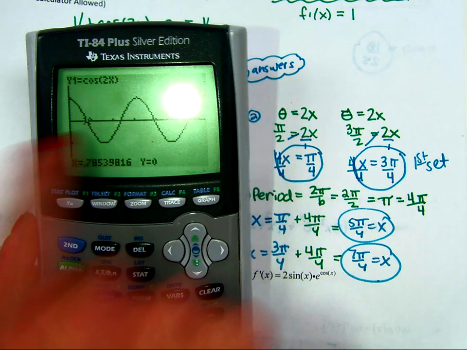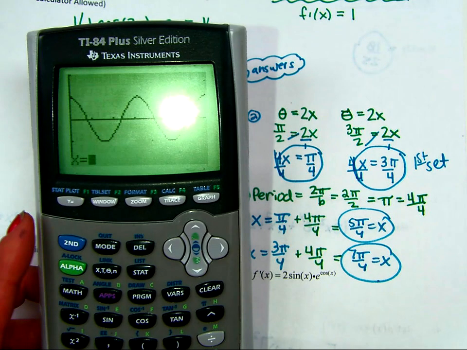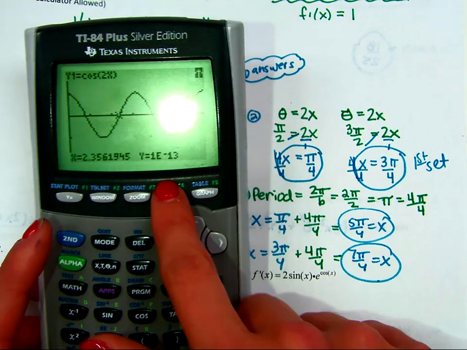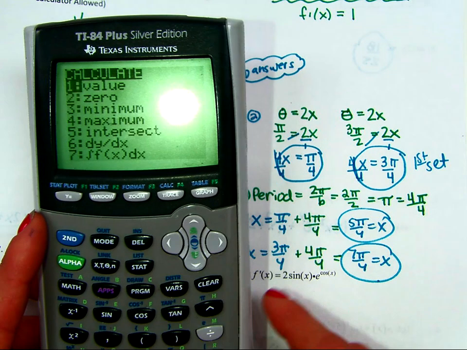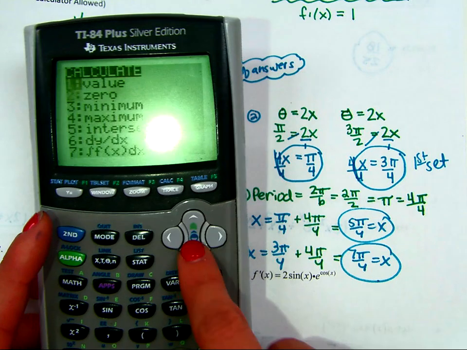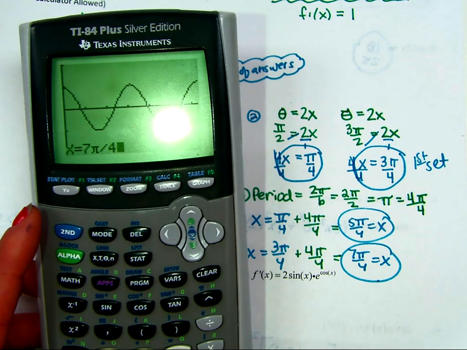It's lighting up at the x-intercept. Same thing with the next one. 3 pi over 4 was one of our other answers. It's the x-intercept. Second trace value, 5 pi over 4, it's the x-intercept. And one more, 7 pi over 4, it's the x-intercept.